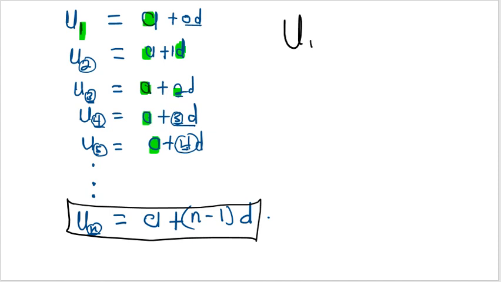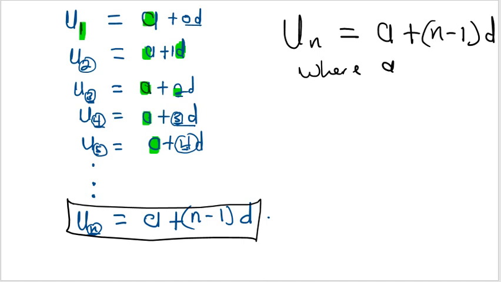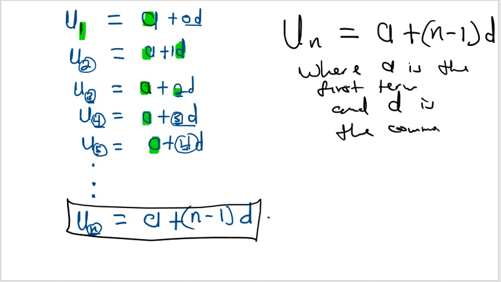So we have UN is equal to A plus (N minus 1)D, where A is the first term and D is the common difference.